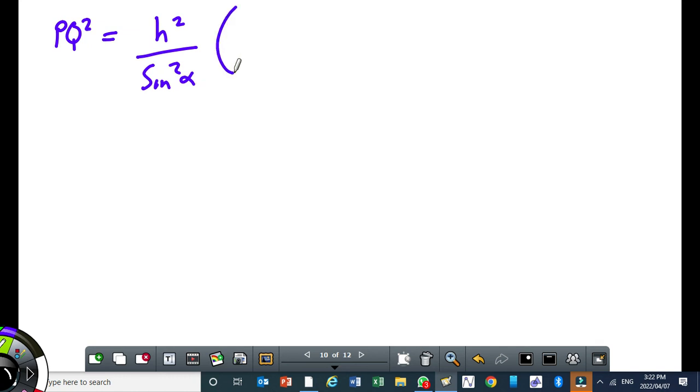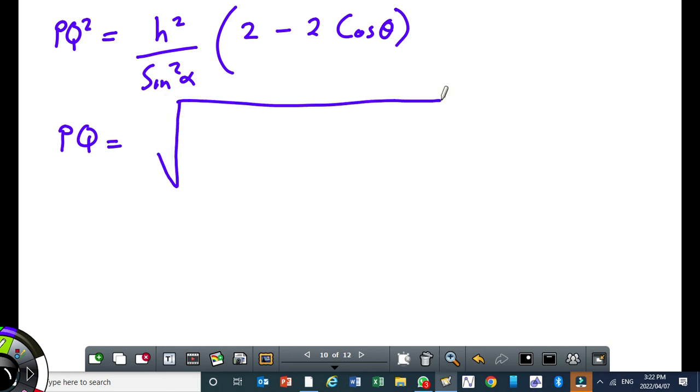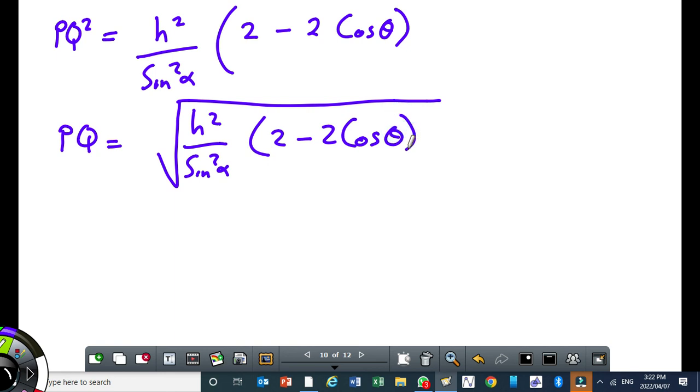So this will be times 2 minus 2 cos theta. Then allow me to take the square root on both sides. I'll end up getting PQ is equal to the square root of h squared over sine squared alpha times 2 minus 2 cos theta.